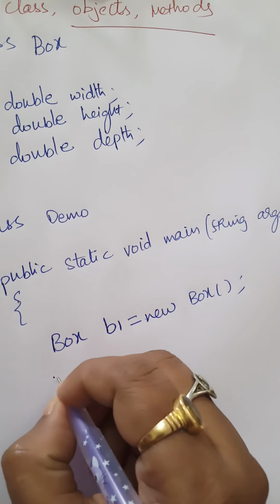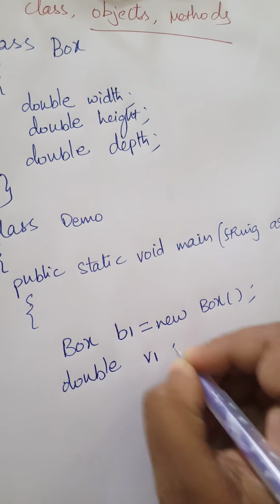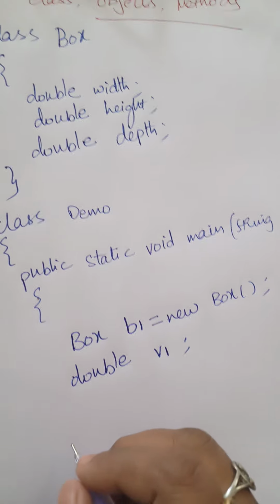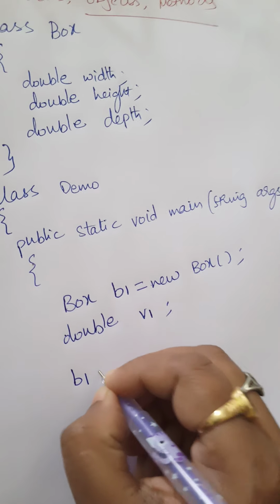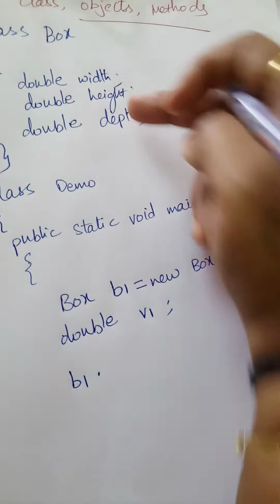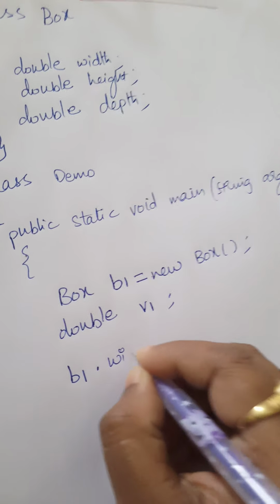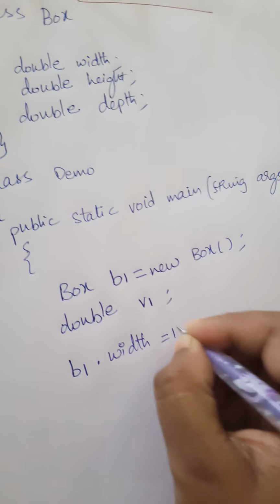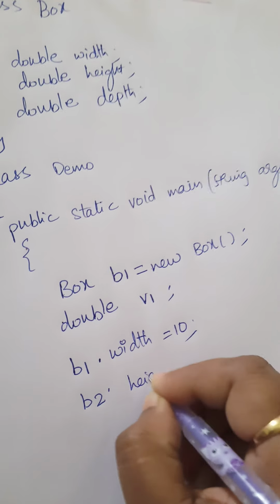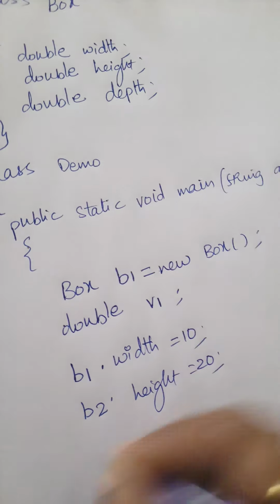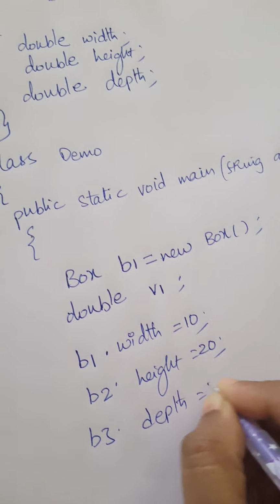Now I am declaring one variable, double v1. Now what I am doing here is, by using the object I am calling the variables of this class. b1.width is equal to 10, b1.height is equal to 20, b1.depth is equal to 30.